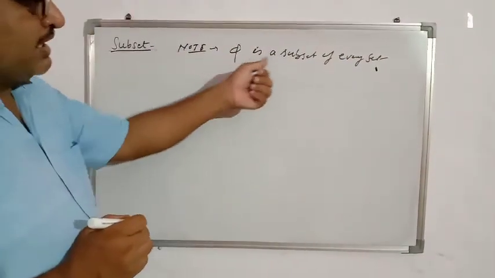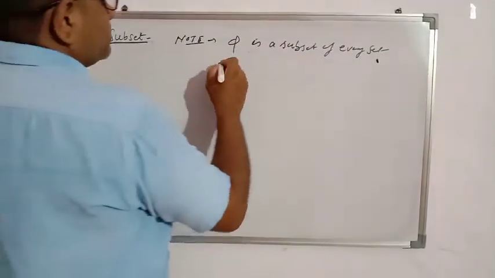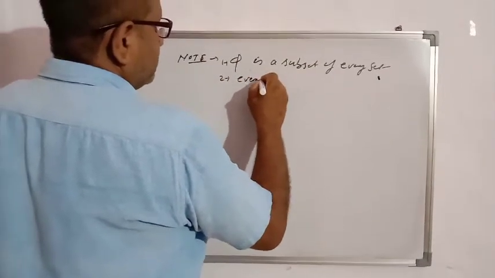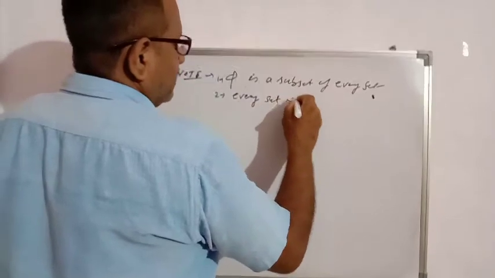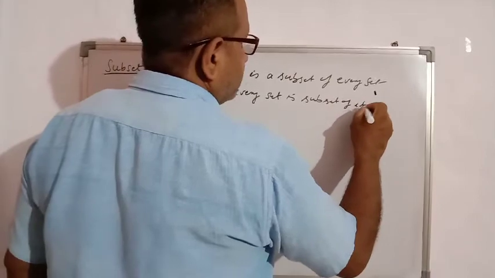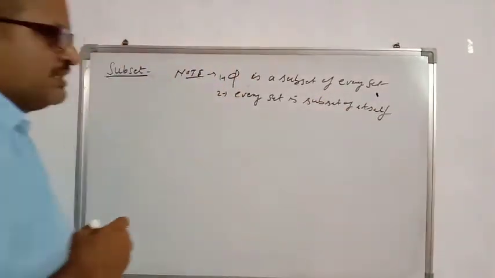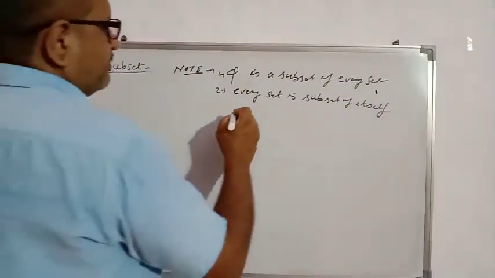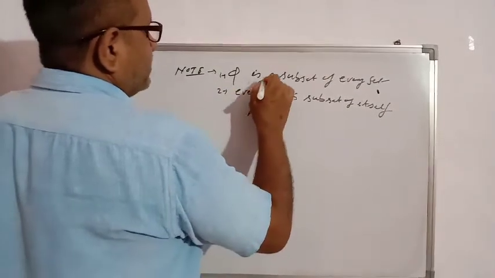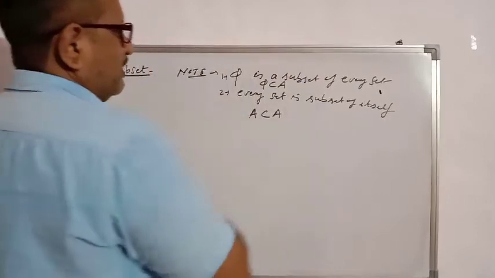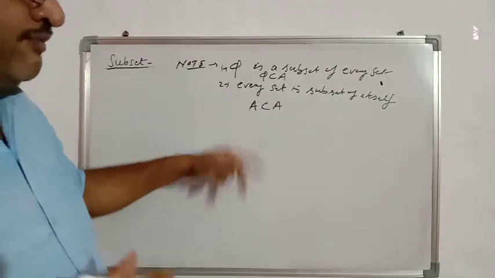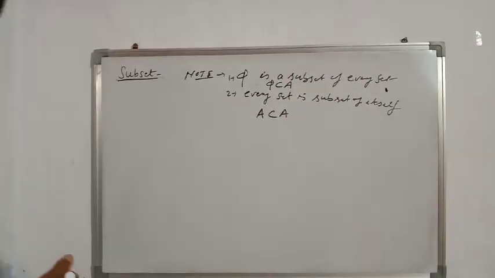The null set, the empty set, is a subset of every set. Next point, every set is a subset of itself. Every set is a subset of itself, meaning A is a subset of A, and the null set phi is a subset of every set A or B. So the null set is a subset of every set and every set is a subset of itself.